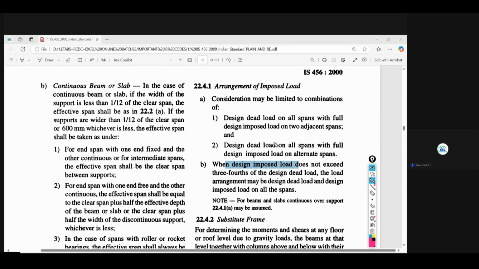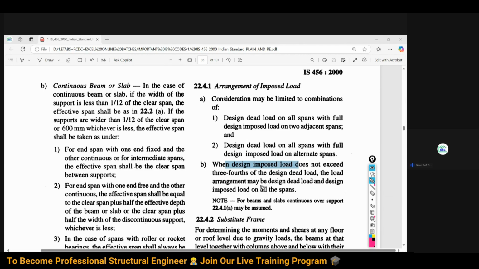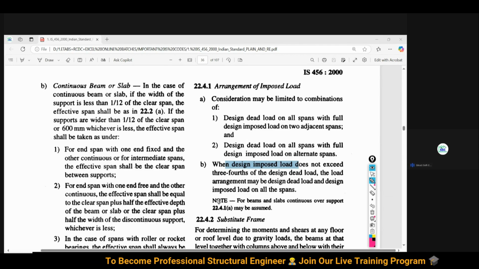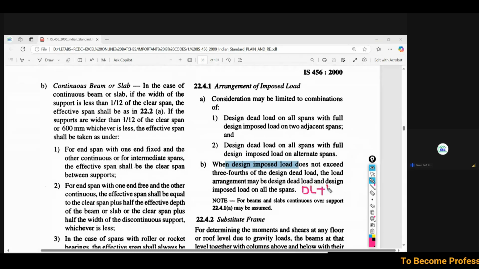That means you consider 100% dead load plus 100% live load.